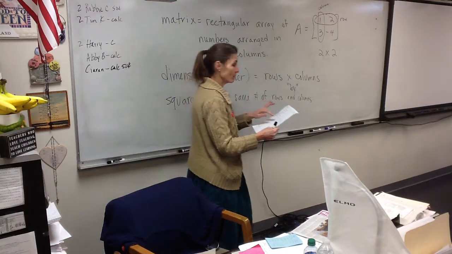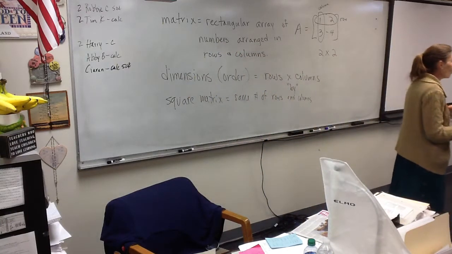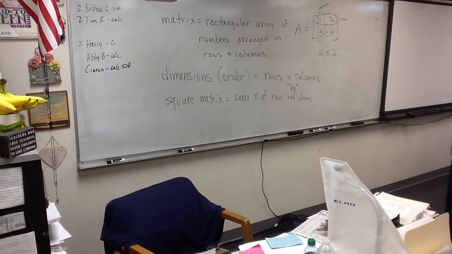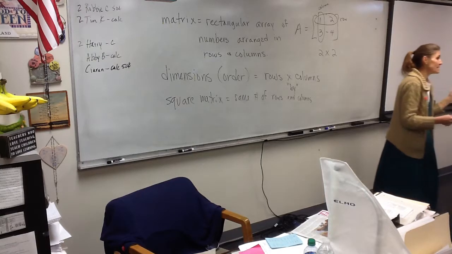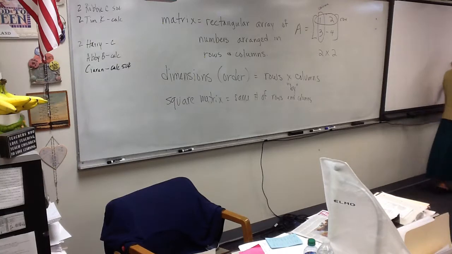So on your paper, look at matrix B. What are the dimensions of matrix B? 3 by 2. Rows first. How many rows? 2. How many columns? 3. So matrix B would have dimensions 2 by 3.